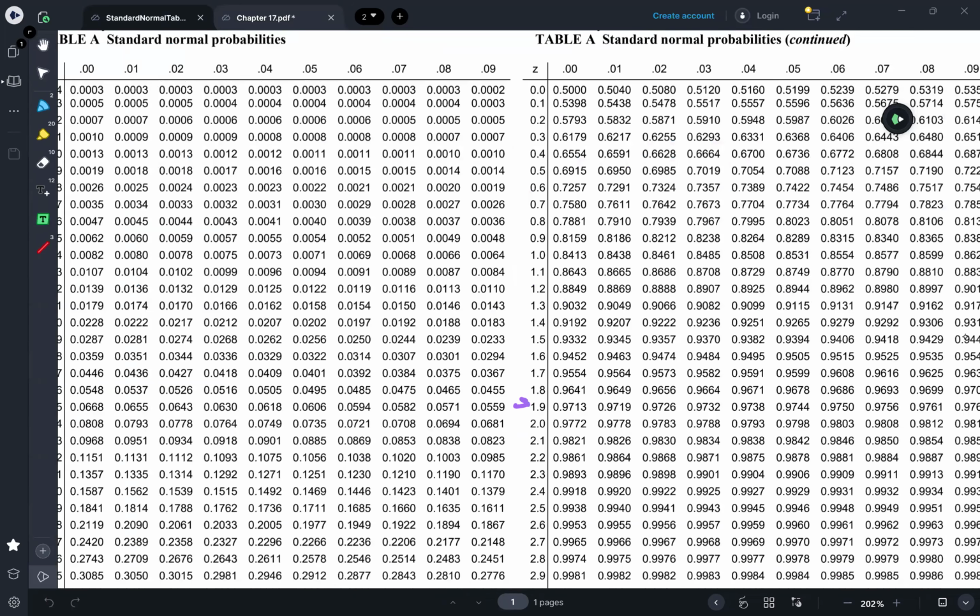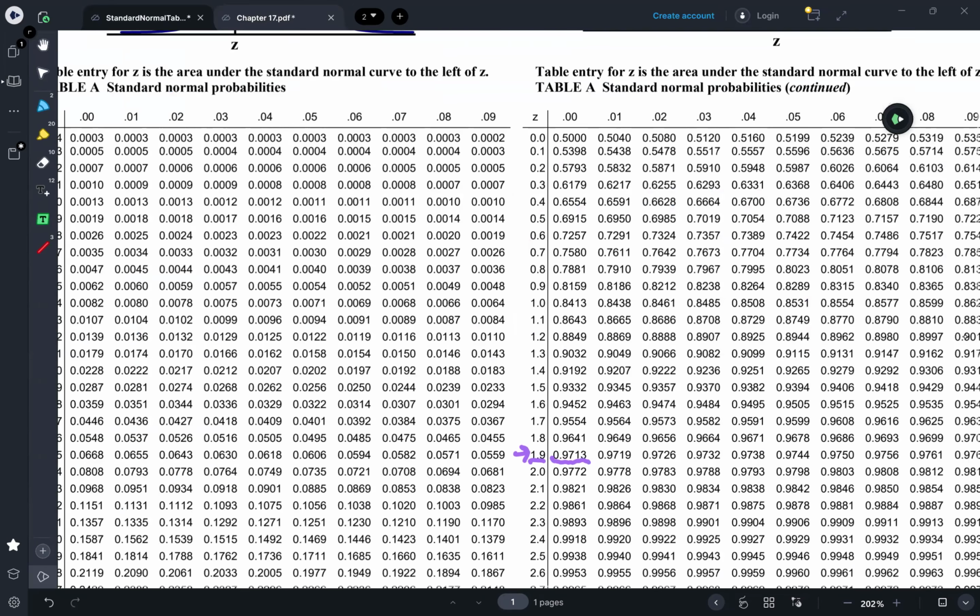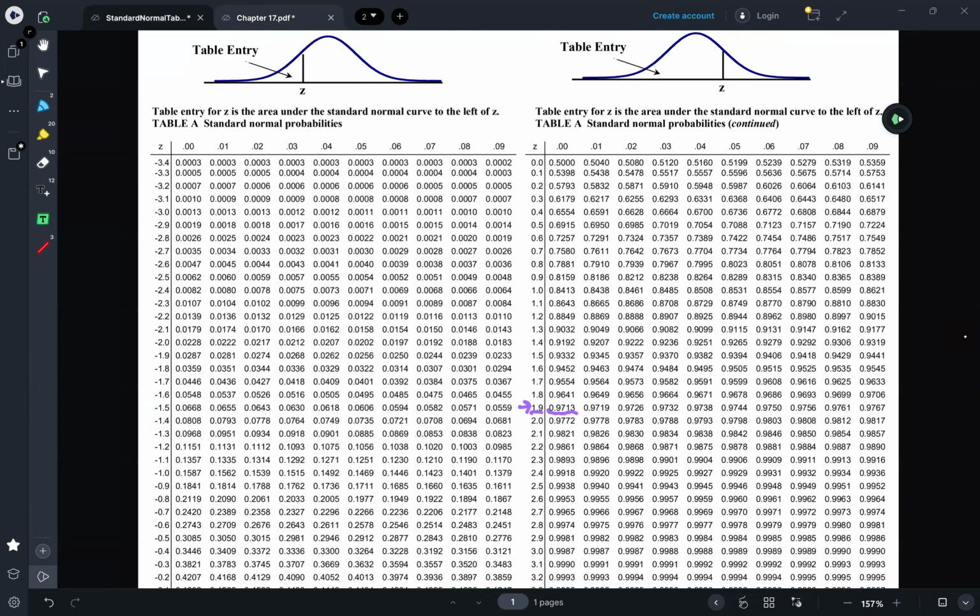This row right here, 1.90. So 1.90, I get 0.9713. Everyone agree with that? 0.9713 for 1.9.